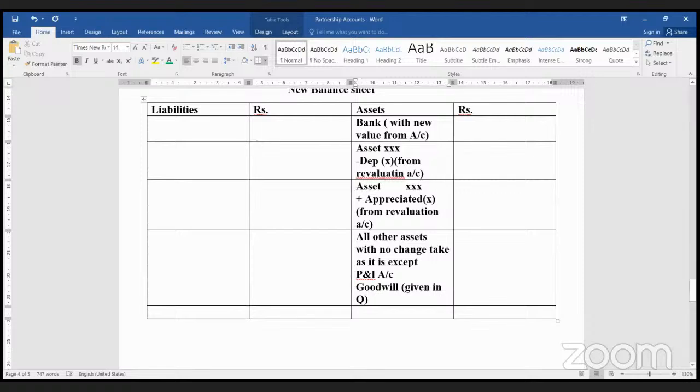Okay. Now coming to here, any liabilities like creditors. Example I'm showing.